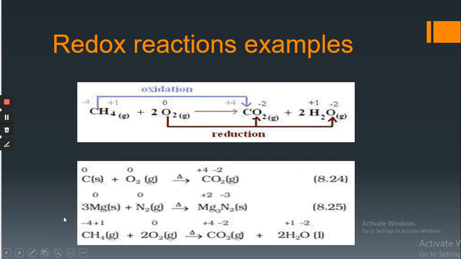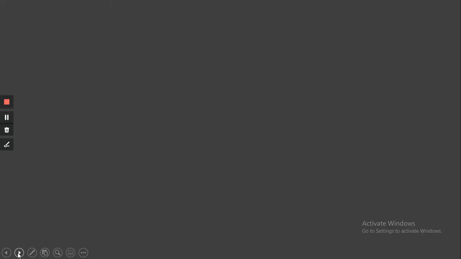Some more examples of redox reaction. When carbon reacts with oxygen, carbon dioxide gas will form. And when magnesium reacts with nitrogen, Mg3N2 will form. These all are examples of redox reaction.